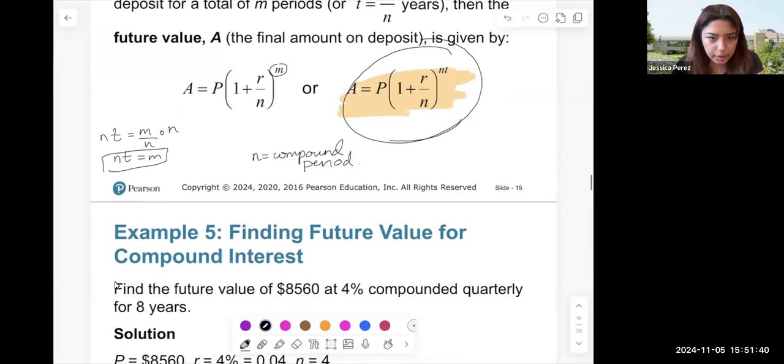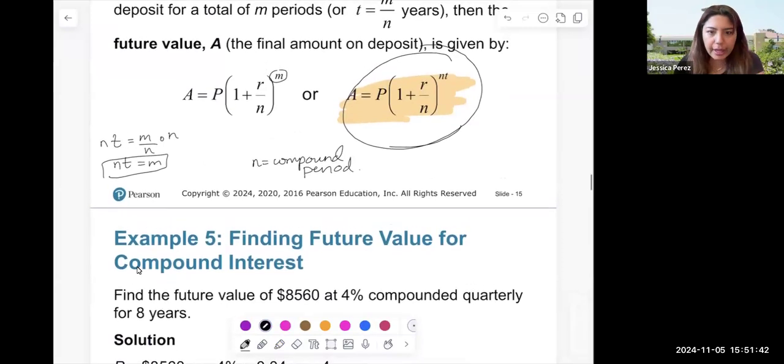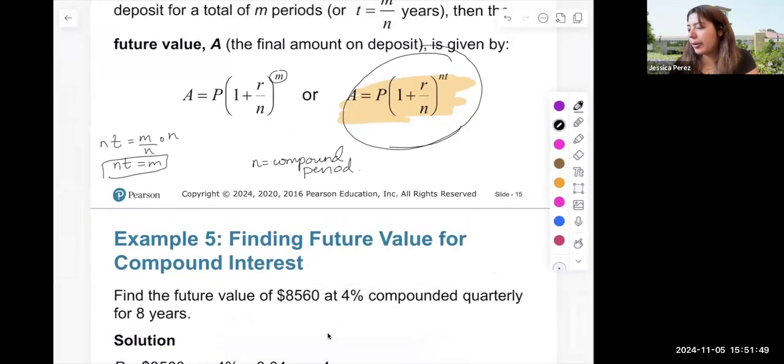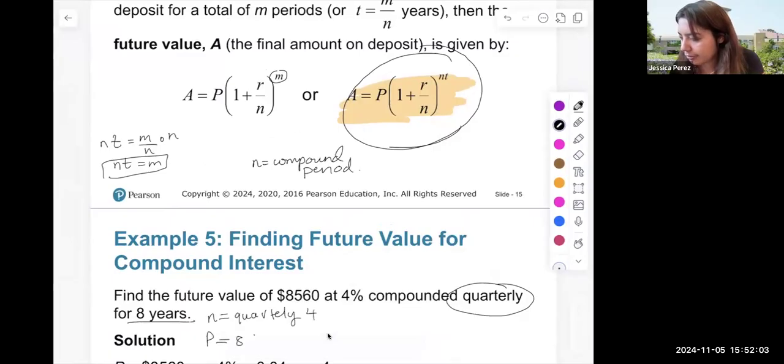So let's look at this one. Find the future value of $8,560 at 4% compounded quarterly for 8 years. So we have N, the period, to be quarterly. If it's quarterly, it's going to be 4. The value of P is 8,560. The rate is 0.04 and T is 8 years.